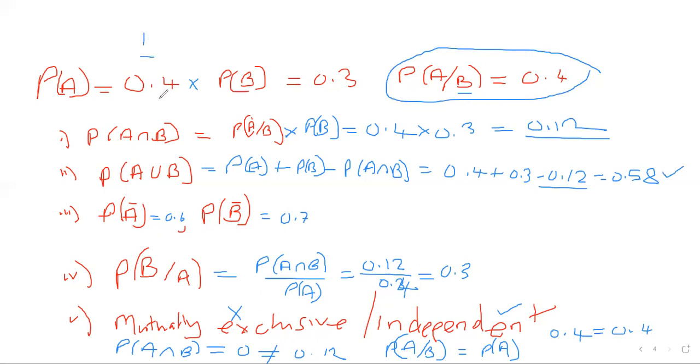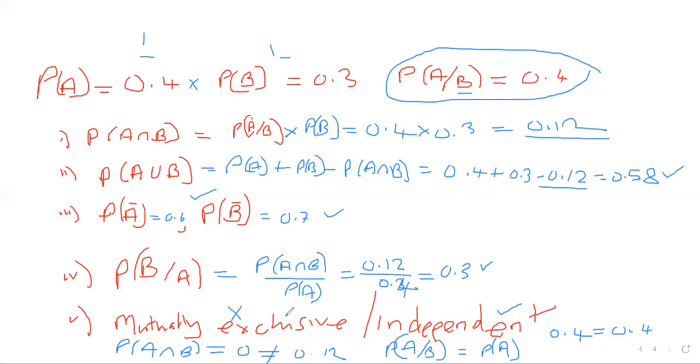So 1 minus 0.4 is 0.6. Then 1 minus 0.3 is 0.7. So this is how we find a complement. Then B given A, we pick our A here, and intersection of B intersection A or A intersection B, either way. So our A was 0.4 and our B and A intersection was 0.12. When you intersect them, you get 0.3.